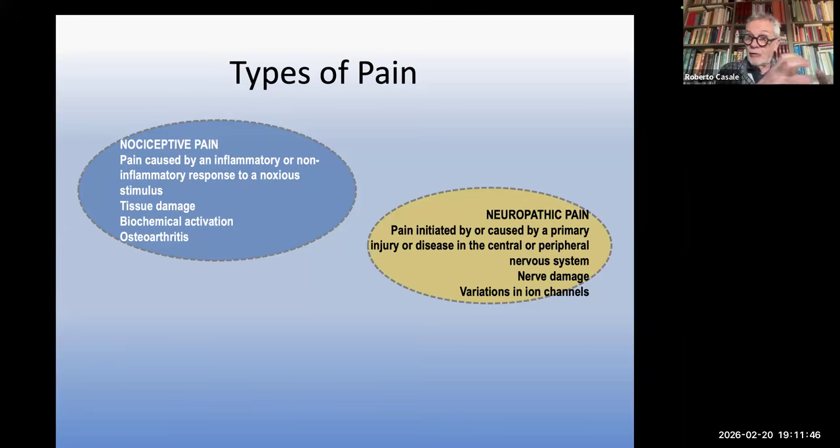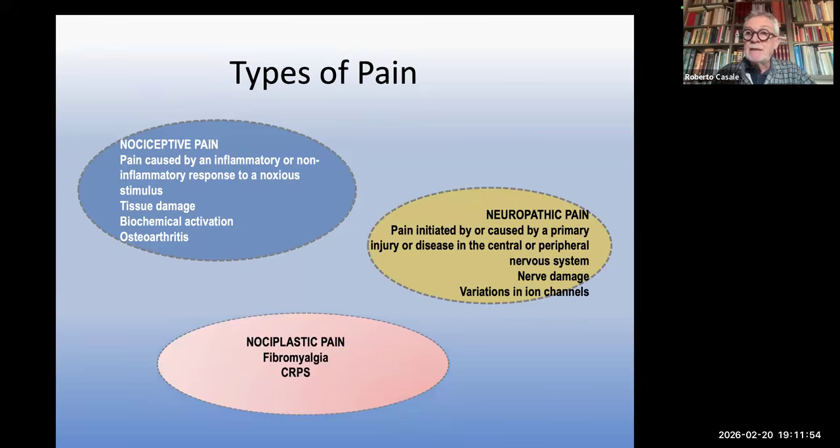And as I said, sometimes this plasticity is maladaptive. And here comes the definition of nociplastic pain, which is a plasticity of the nervous system induced by a nociceptive stimulation.